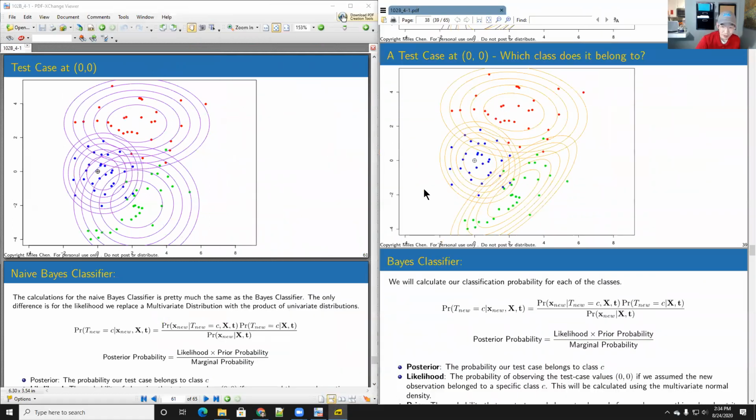Okay, so when we look at this, this is the naive Bayes classifier. We see that this still falls kind of within the ellipses of the green cluster, whereas over here this is very far away, because here we're estimating the covariance, and so deviations in this direction would be reasonable, but deviations in this direction would be very unlikely, and so the fact that it exists over here makes it almost impossible to belong to the green cluster.